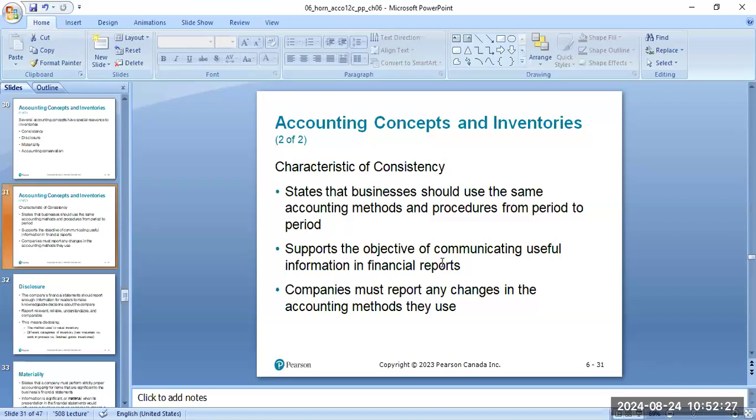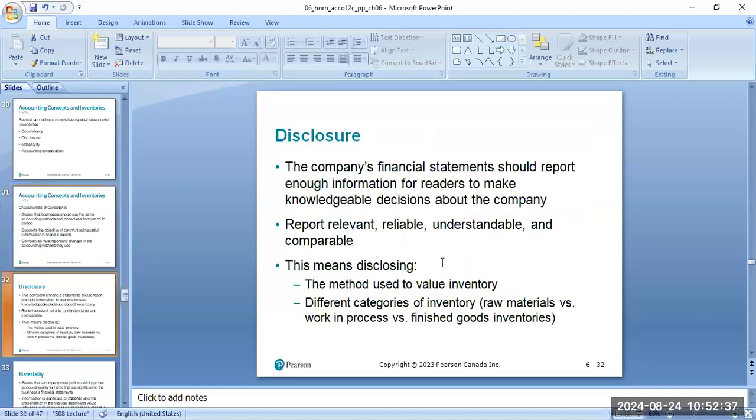If you decide to change the accounting method or procedures, you have to disclose them. That's where disclosure comes in. So the company's financial statements should report enough information for investors and lenders to make a knowledgeable decision about the company.